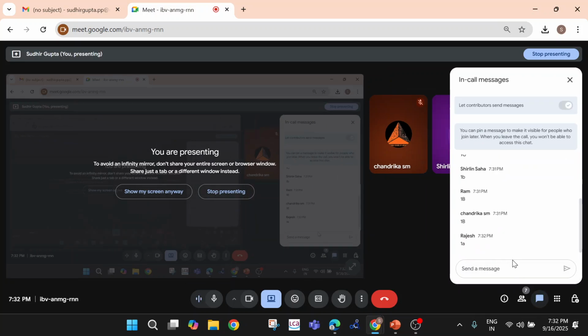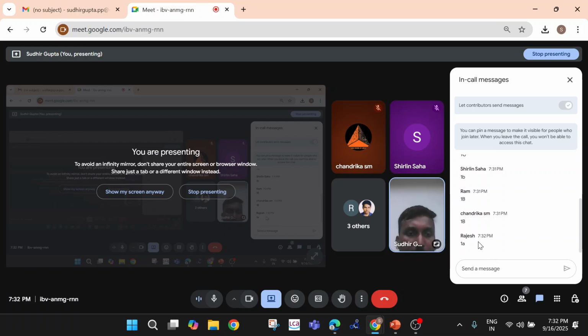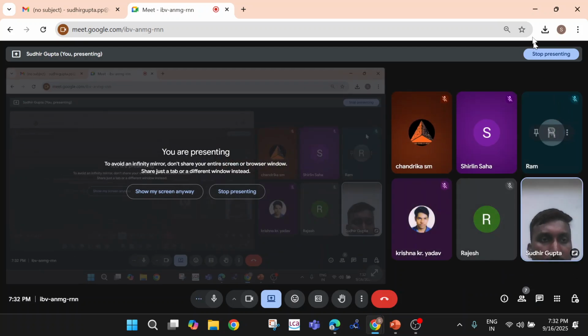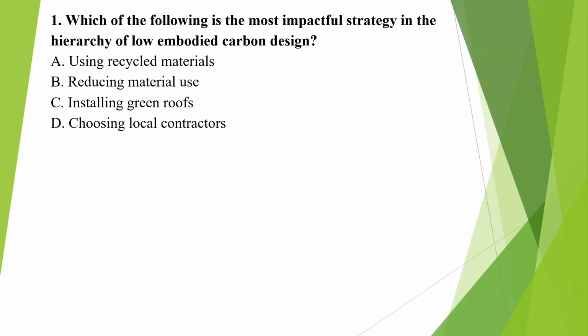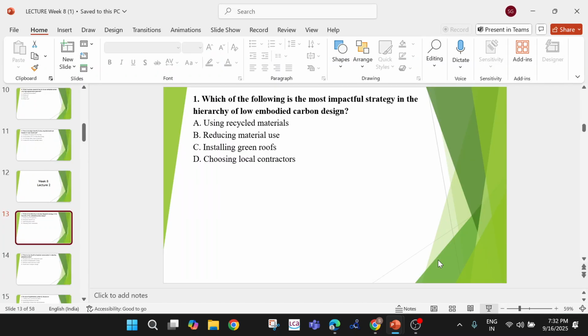As I can see, one A has been marked and one B has also been marked. So multiple answers have been marked by the students for question number 1, but only one option is correct.